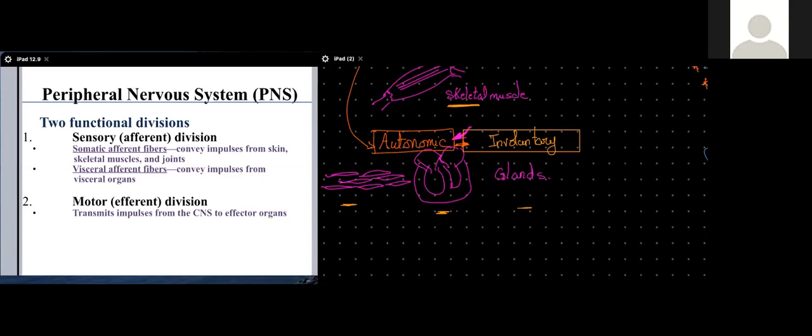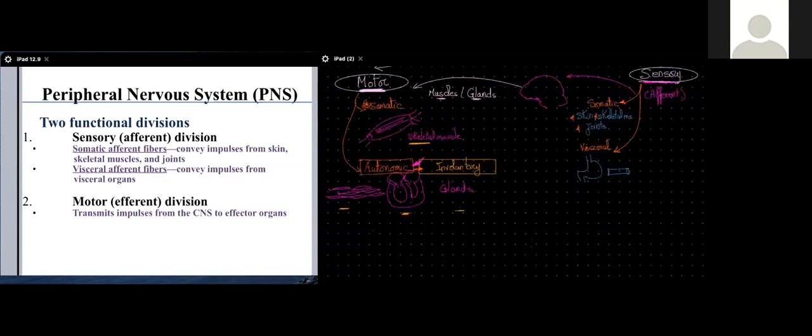Autonomic nervous system. This classification needs to be crystal clear in your mind because those are the upcoming chapters. So in this chapter, we have a general introduction of the nervous system. In the next chapter, we are discussing the central nervous system. Next chapter is going to be the peripheral nervous system.